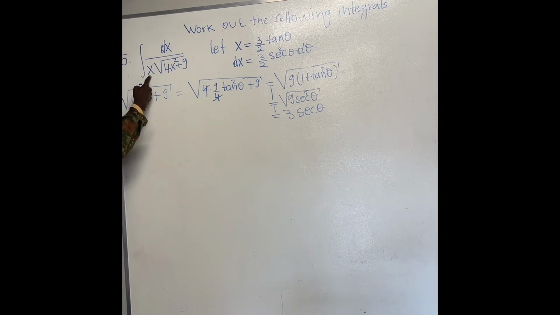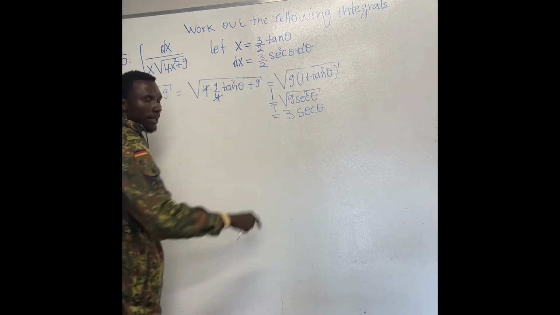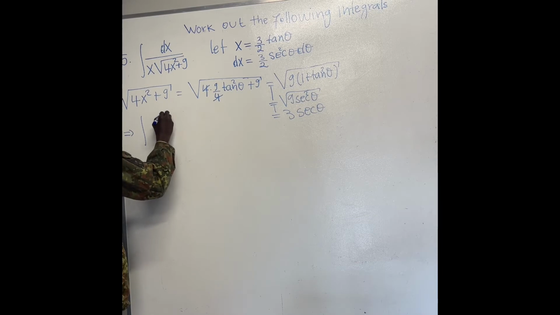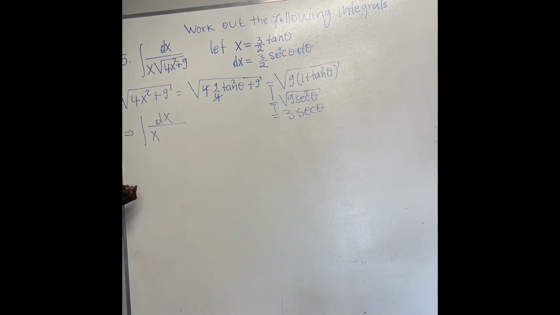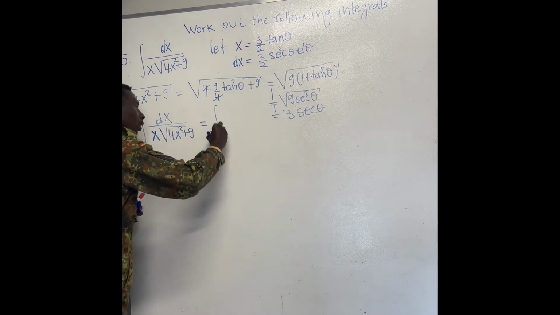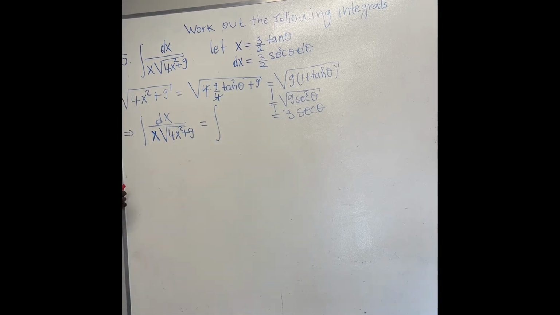And then we already know this x, so we're just going to plug in this value. Now let's see. The integration of dx over x root of 4x squared plus 9 is now going to give the integral of what?